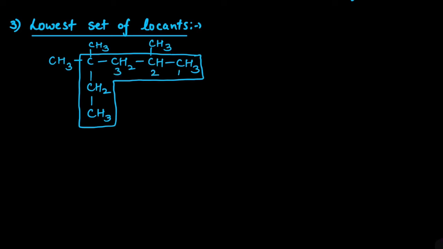So let's give the numbers. So we can clearly see that the substituents carry the positions at second carbon, as well as two substituents are present at the fourth carbon. So the set of locants will be 2, 4, 4.